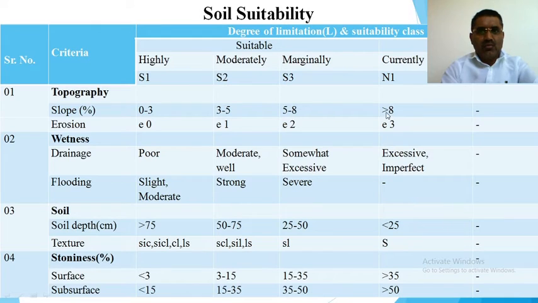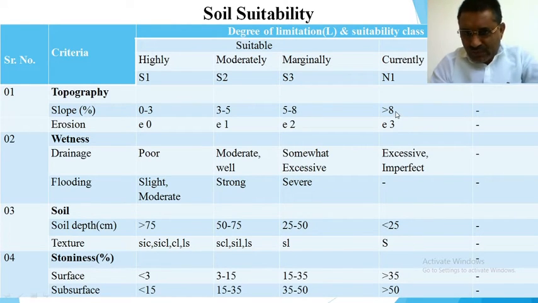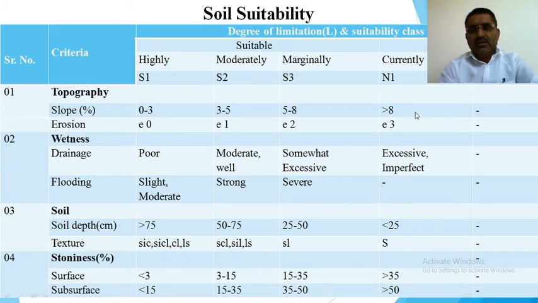And above 8, then there is not suitable. N1 is there. Now more than 8 slope is there, that is permanently not suitable.